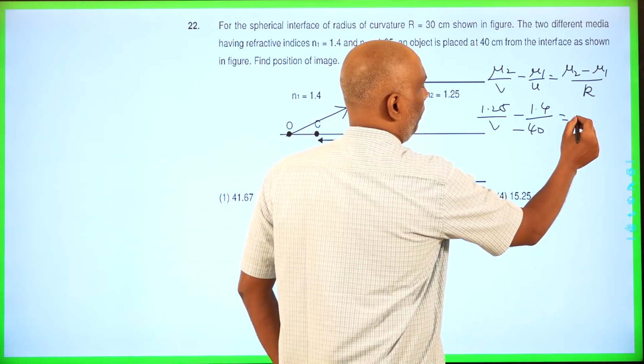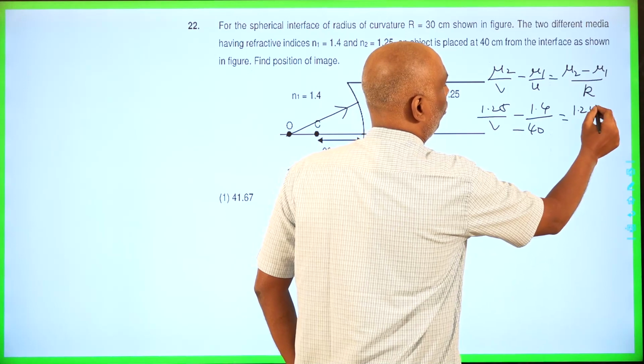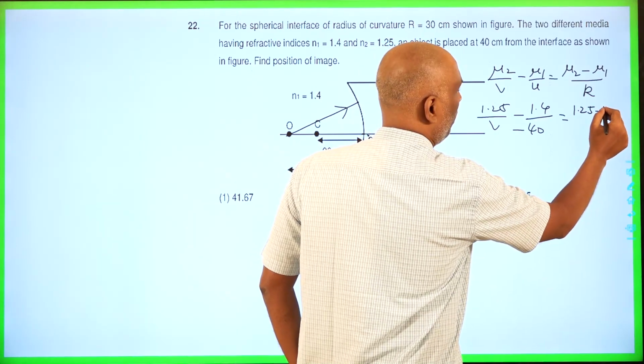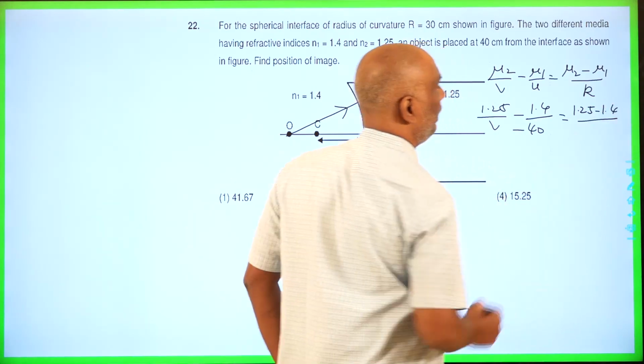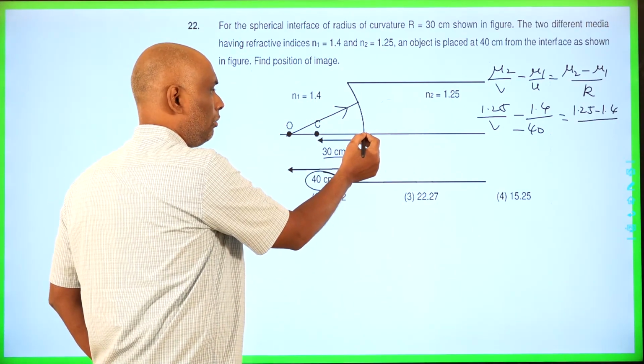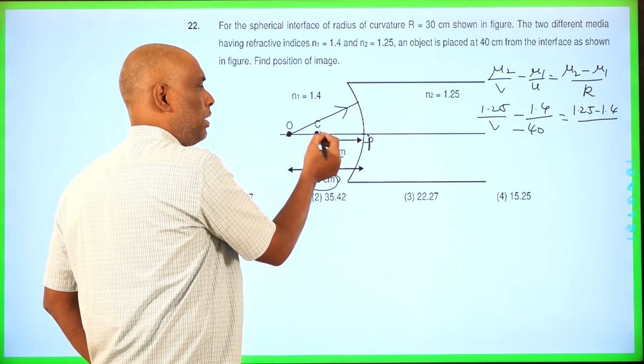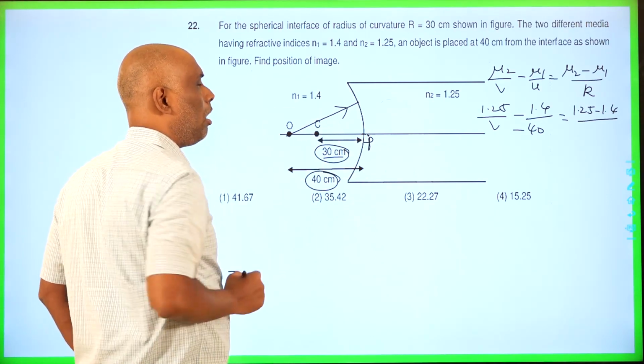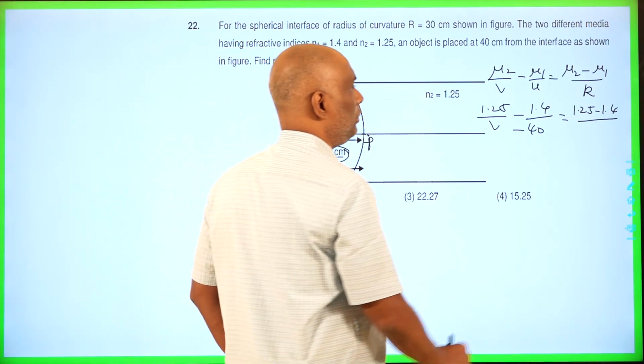On the right, mu2 minus mu1 is 1.25 minus 1.4, divided by the radius of curvature. This is the center of curvature, 30 centimeter from the pole, opposite to the direction of the incident ray, so minus 30.